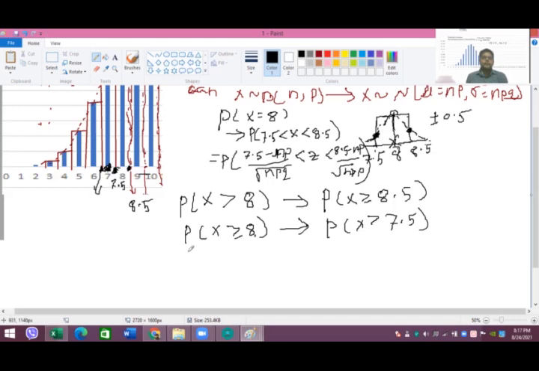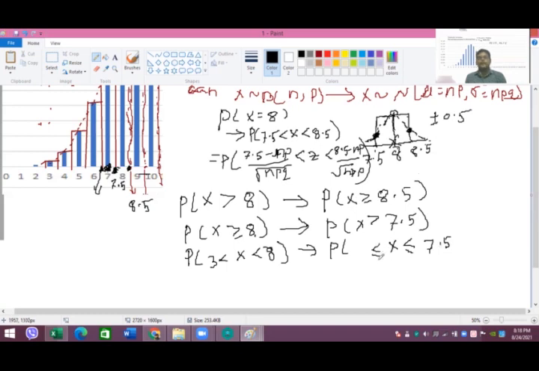Then can you think of, if you have P(X is less than 8 and bigger than 3)? Here you can see that 3 and 8 both are at the discrete points, but at the continuous point when you adjust it, it should not include 3 and also it should not include 8, because in the sign of inequality there is no equal sign. So after taking the continuity correction, you can say that x is less than or equal to 7.5. So 7.5 is less than 8, and it is also on the continuity point.